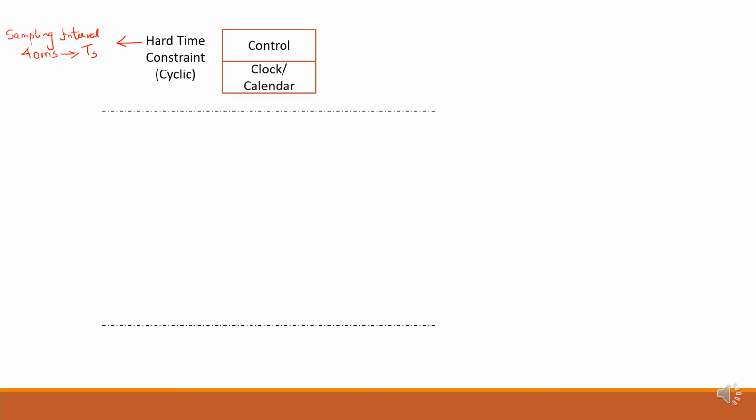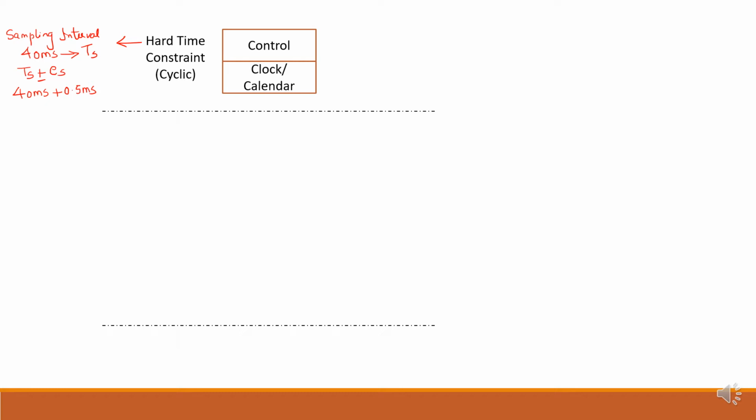We have to ensure it does not cross this, because the timing constraint is hard. However, we can give some tolerance, TS plus or minus ES. For example, if the sampling interval is 40 milliseconds, a value of 0.5 milliseconds can be given as a specified relaxation.